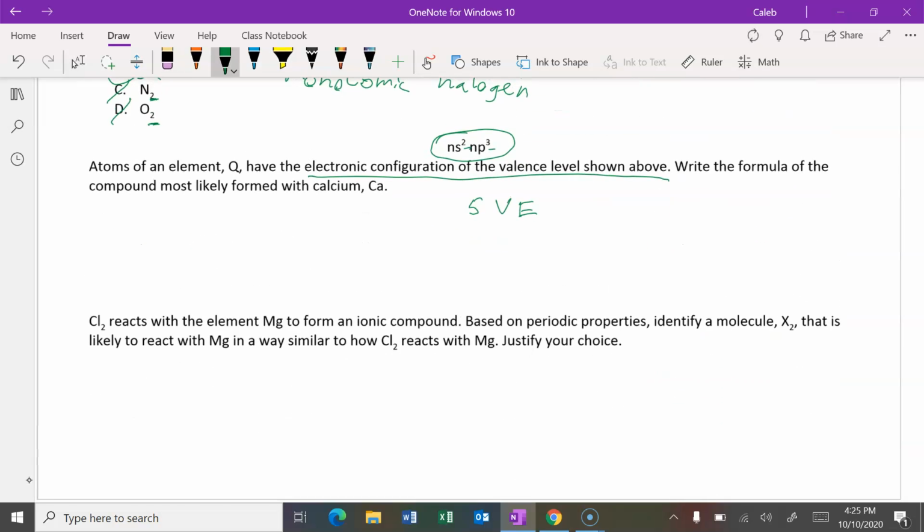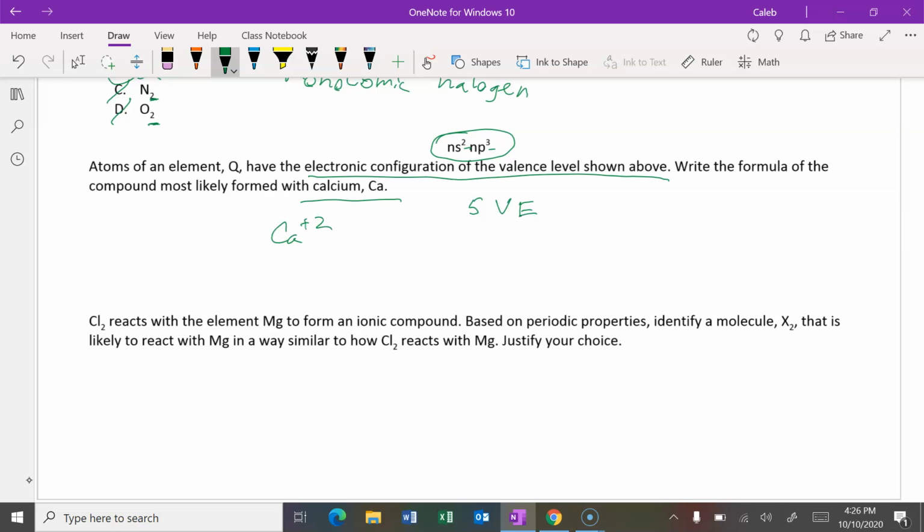And since I'm bonding it with calcium, is what it says here. It says write the formula of the compound most likely to form with calcium, Ca. Well, that's a metal. Metals and metals don't really form any sort of covalent or ionic bond. So this is probably going to be an ionic compound where calcium has a +2.